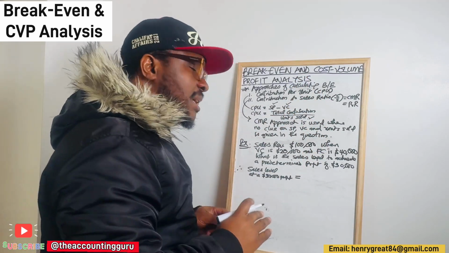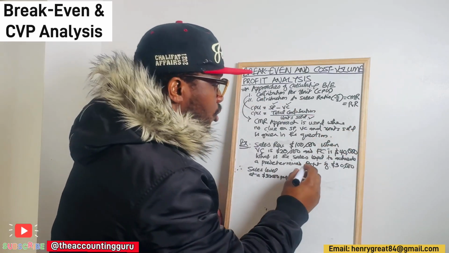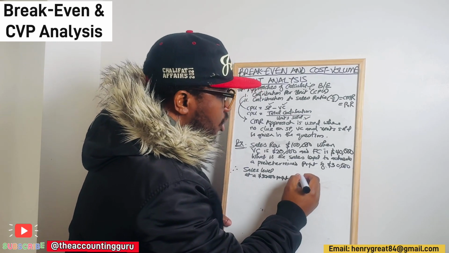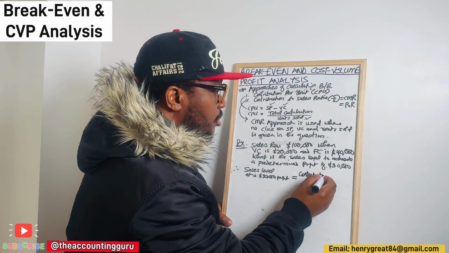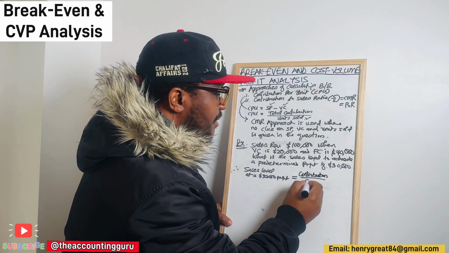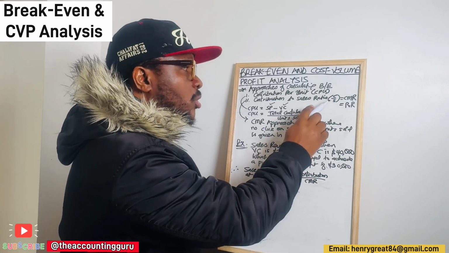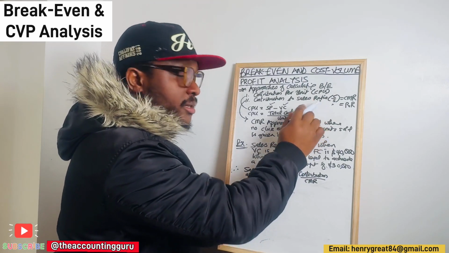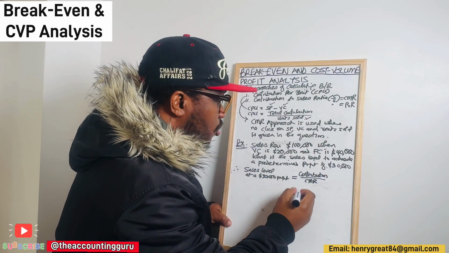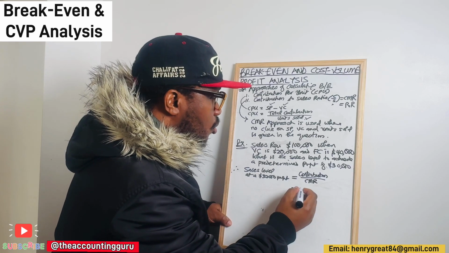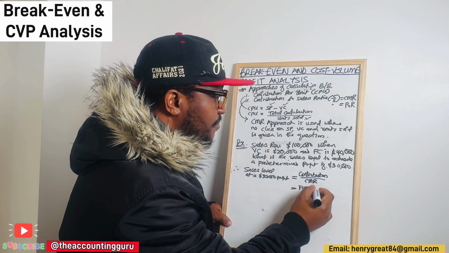Again, to calculate any sales level at all, you must start with contribution. So your formula, the numerator will be contribution over CMR. Do not forget, CMR simply means contribution to sales ratio. Contribution is equal to fixed cost plus that predetermined profit.